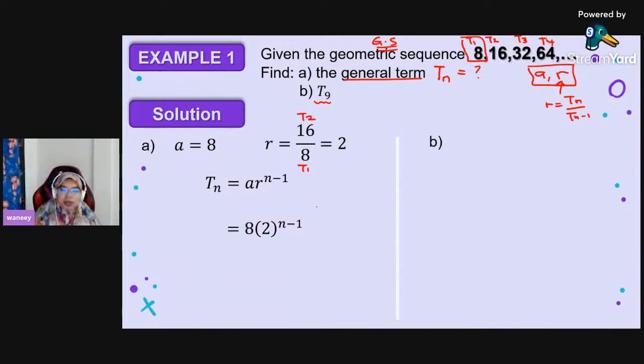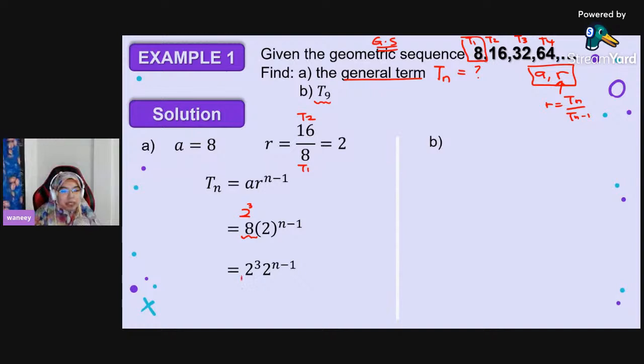Of course, we should try to write them down in the simplest form. So let us check whether I can change everything into the same base or not. What do we know about 8? 8 can be changed into base 2, where 2 cubed is 8. So I have 2 cubed multiplied by 2 to the power of n minus 1.